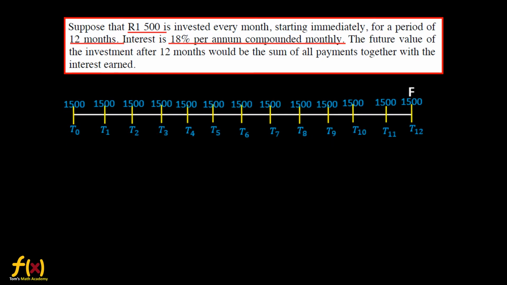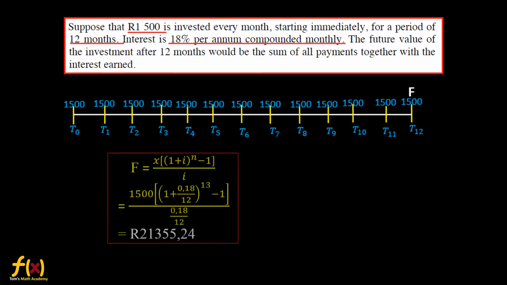So look at that. Immediate payment, 1,500. So although it is 12 months, how many payments? 13 payments. Because 1,500 is invested every month and starting immediately.